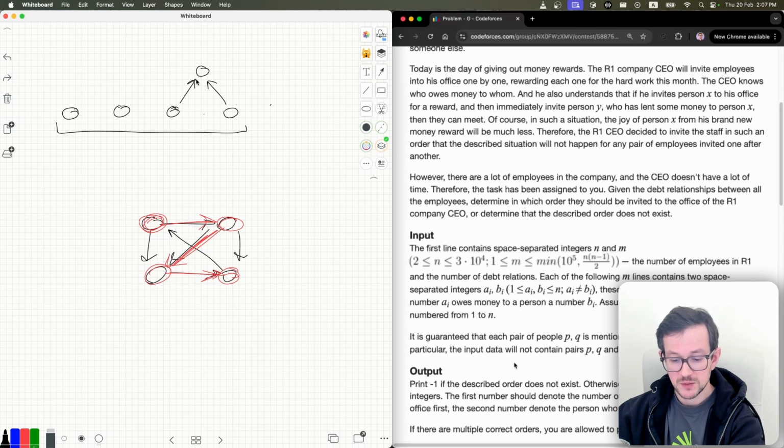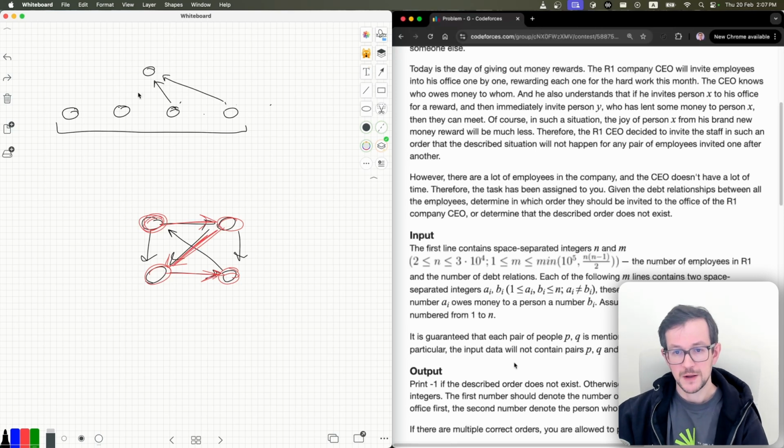Let's move my element from right to left until I find a position. So I have this edge, I have this edge, but I don't have this edge. And if you don't have this edge, you can insert here.